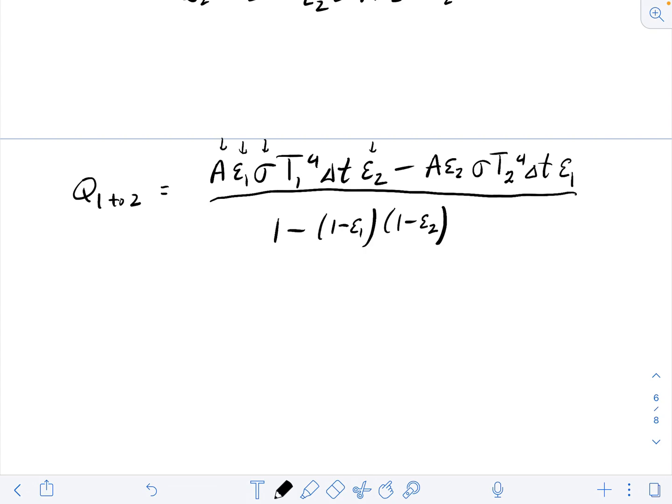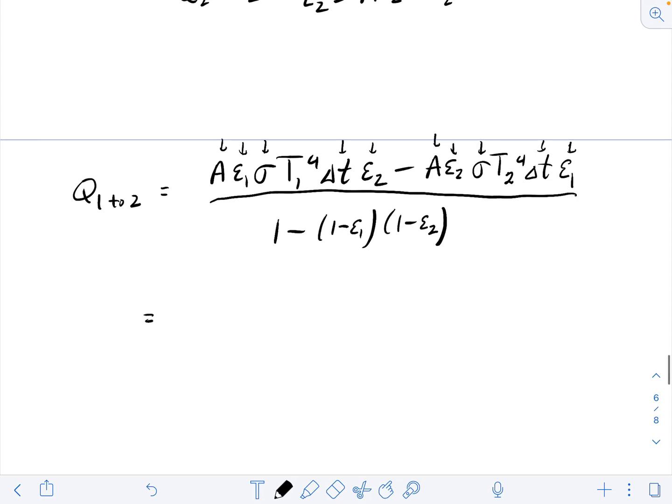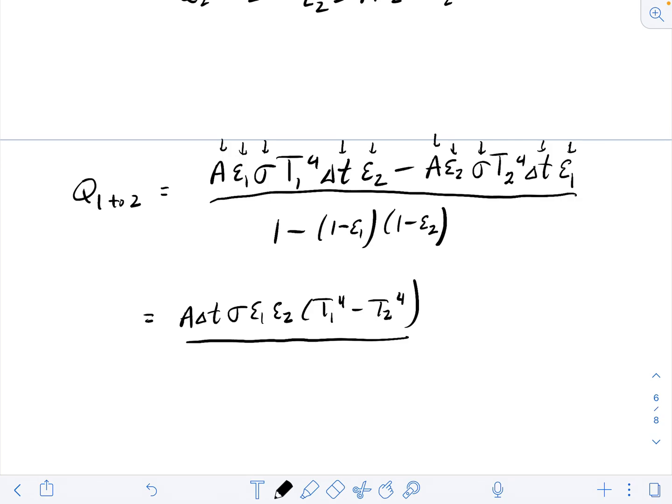Okay, so let's see, we have some common factors here. Both terms have an A, epsilon 1 and epsilon 2, a sigma and a delta T, and so the only difference is the T1 to the 4th and T2 to the 4th, and so this is going to be A delta T sigma epsilon 1, epsilon 2, T1 to the 4th minus T2 to the 4th.